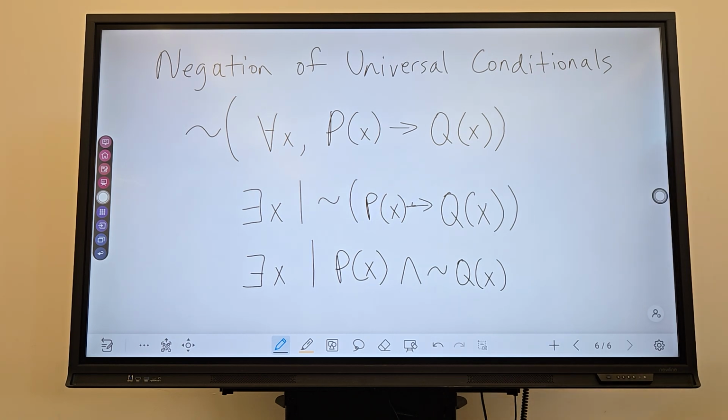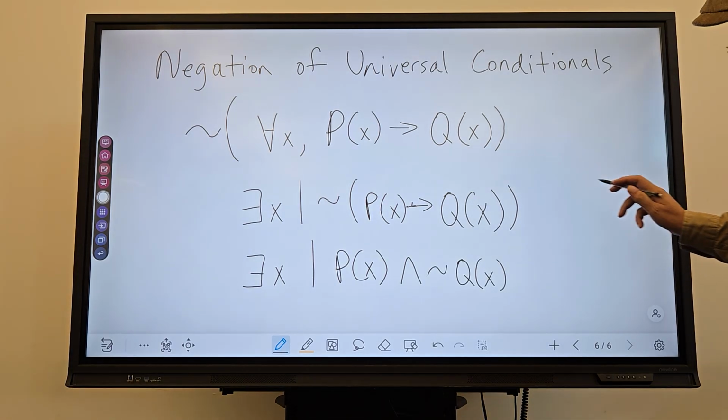And the same could be true with existential statements. The negation of an existential conditional would be a similar mechanism, although the slides don't cover that, I guess.